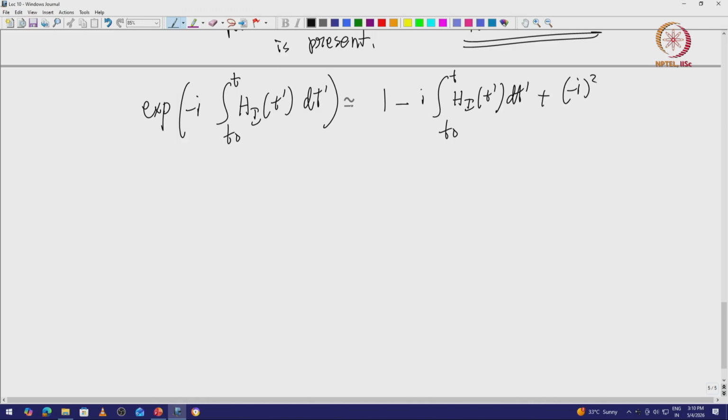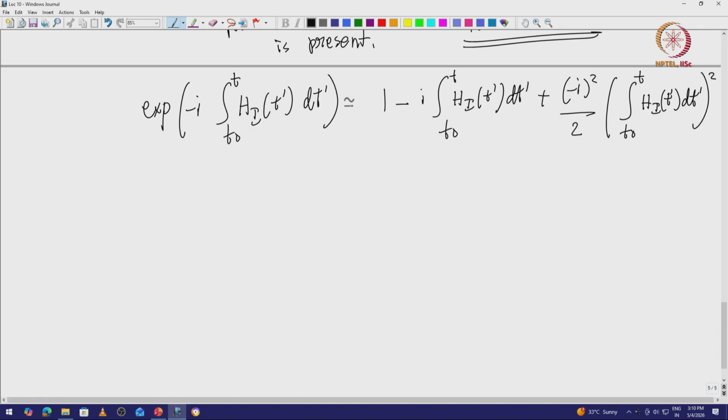Now I am expanding the exponential. So you have one, because H_I is a small quantity, I am doing perturbation theory here. I can do expansion of the Hamiltonian in the series, integral t0 to t of H_I of t prime dt prime whole square.